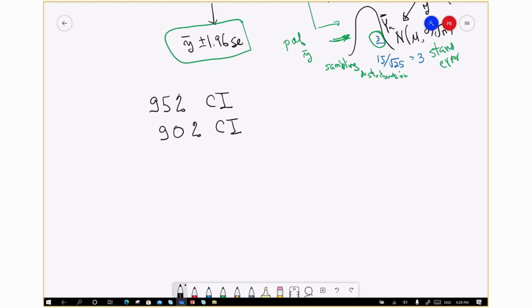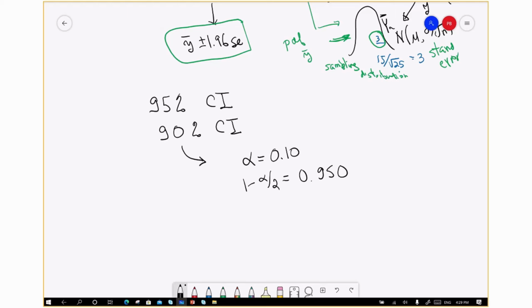So, how would we calculate it? Well, if we have a 90% confidence interval, then alpha is going to be equal to 0.10, and 1 minus alpha over 2 is going to be equal to 0.950.